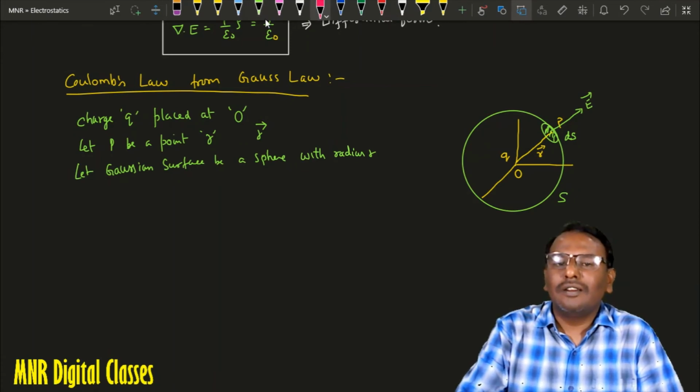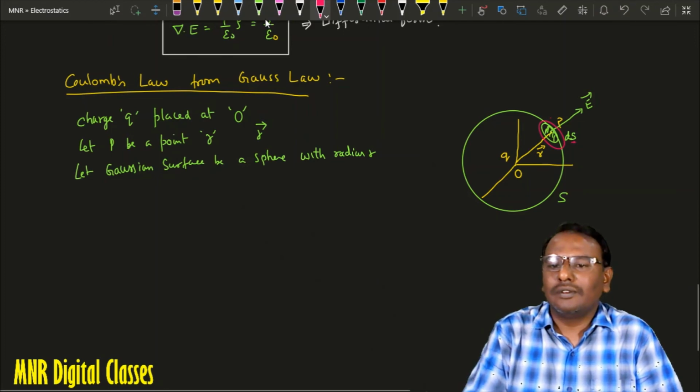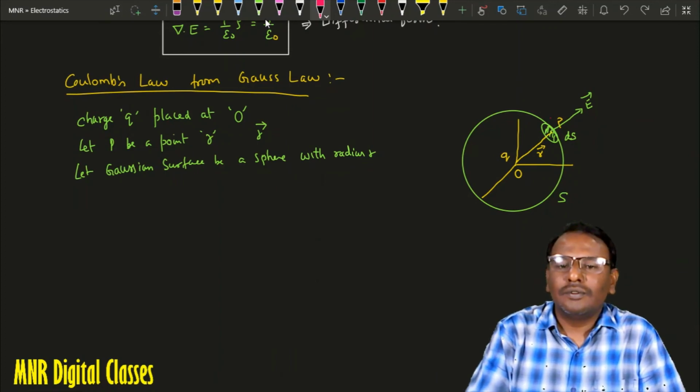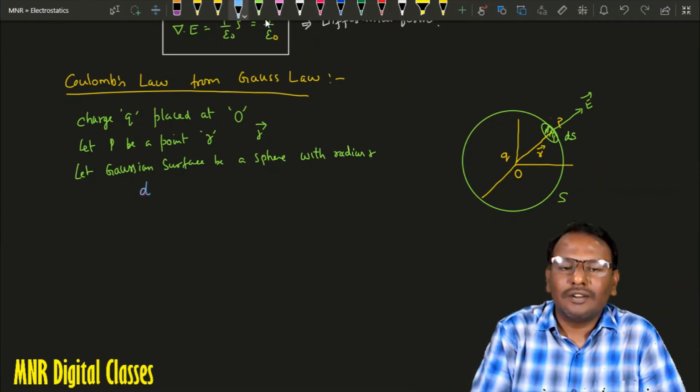Now let us consider a small portion of the sphere having the surface area ds, enclosing the point P. Therefore, the flux emerging out of this surface ds is given by E bar dot ds bar. Call this equation 1.